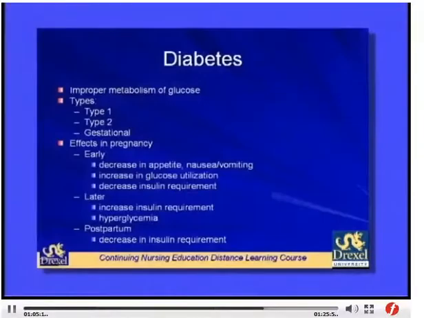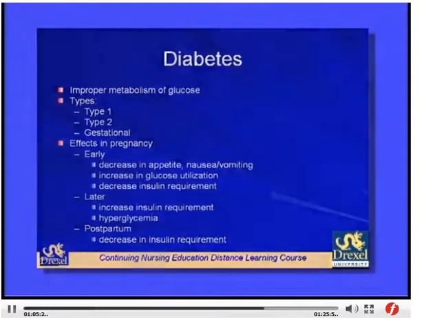So what you will find is that there are different types, type 1 and type 2, which are your standard types. And then you have gestational diabetes, which means the person is diagnosed during her pregnancy. There are certain effects of pregnancy. Early, what we see is because there's a decrease in appetite and possible nausea and vomiting, and there's an increase in glucose utilization as the fetus develops, there may be a decrease in insulin requirement.